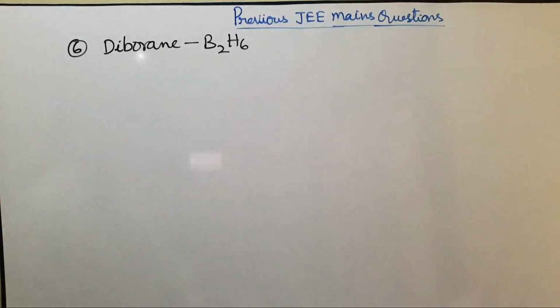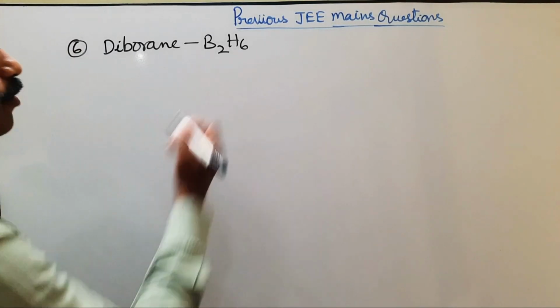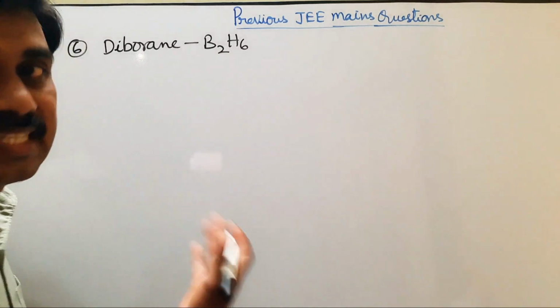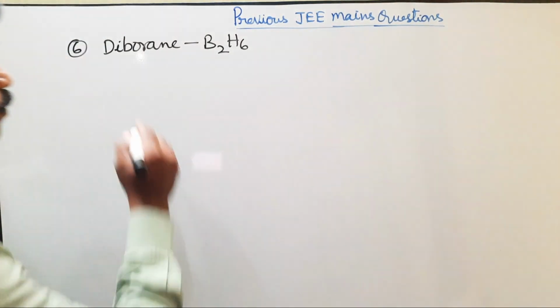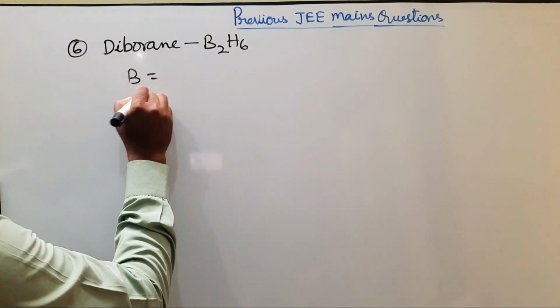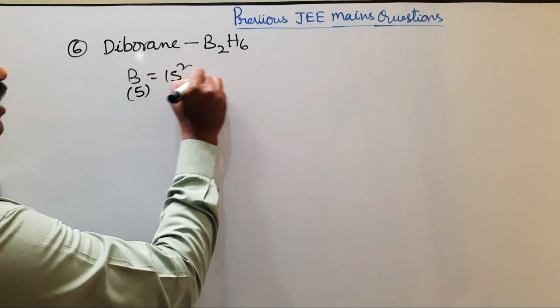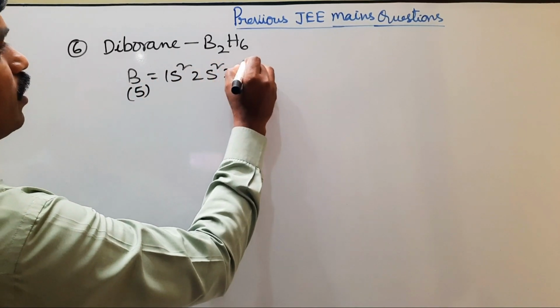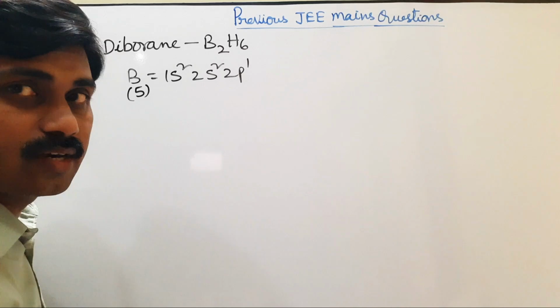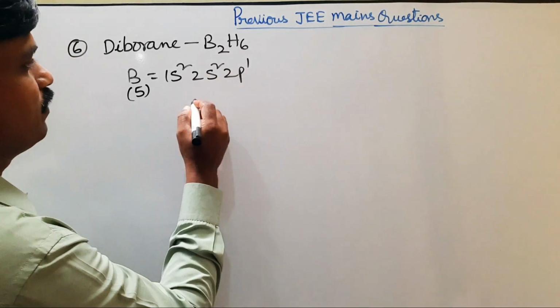Look at the next question: structure and hybridization of diborane. Actually, diborane's chemical formula is B2H6. It is called an electron deficient compound. In diborane, the atomic number of boron is 5. Its electronic configuration is 1s2, 2s2 and 2p1. Here, one electron transfers from the 2s level to the 2p level.